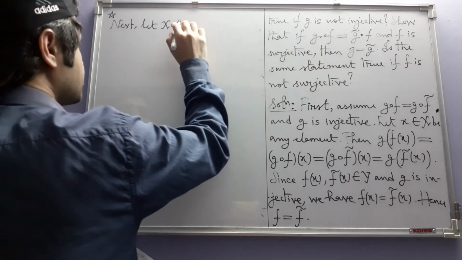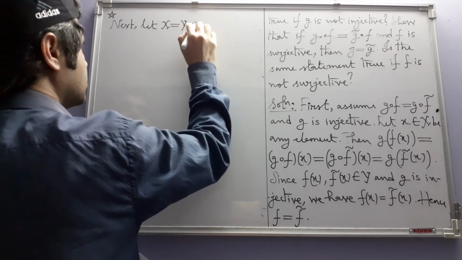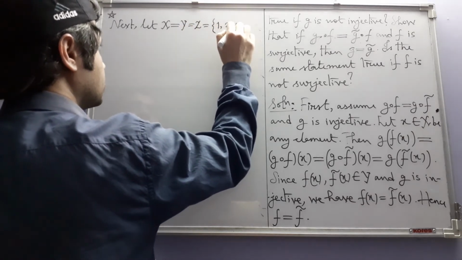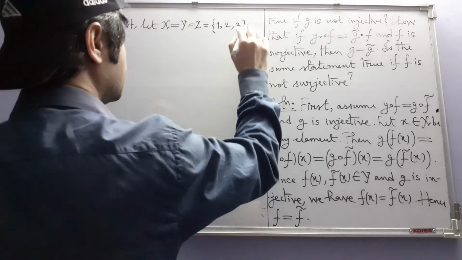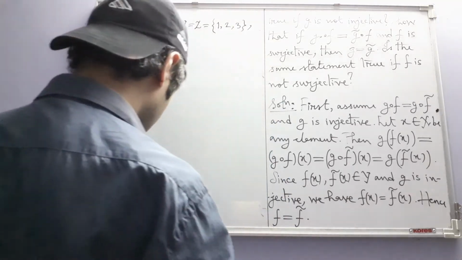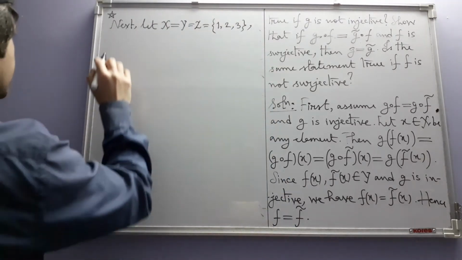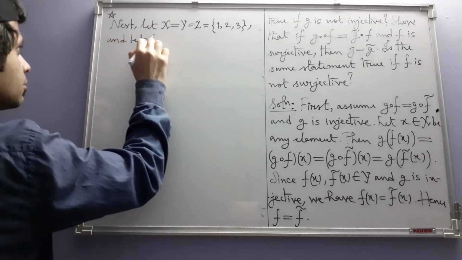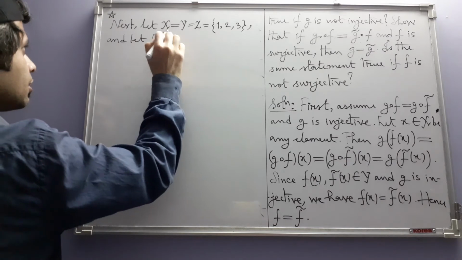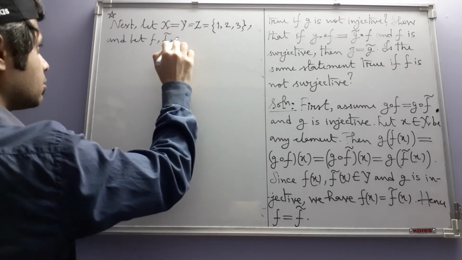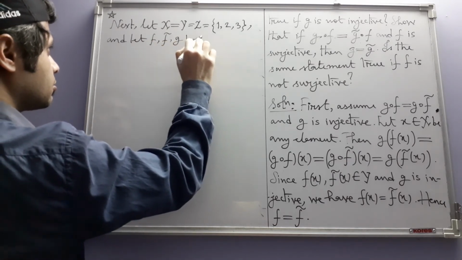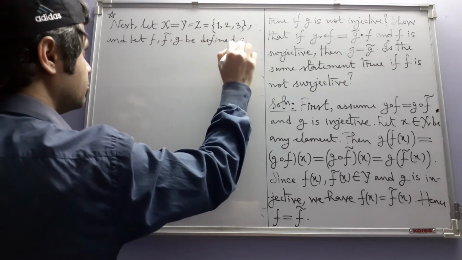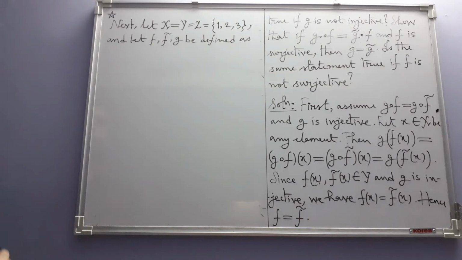So X, Y and Z, all of them are taken to be this set, and let F, F tilde and G be defined as this.